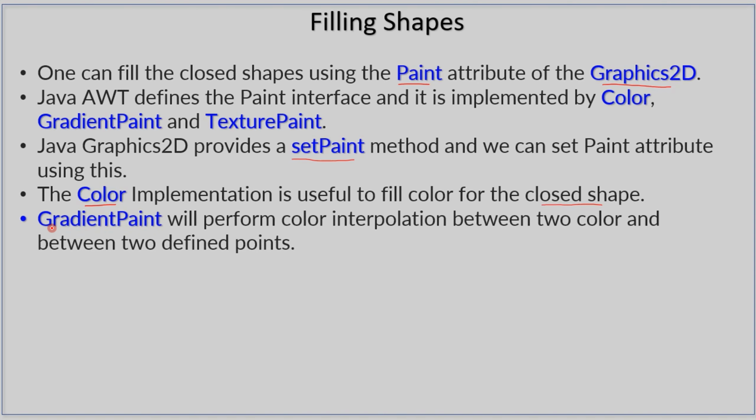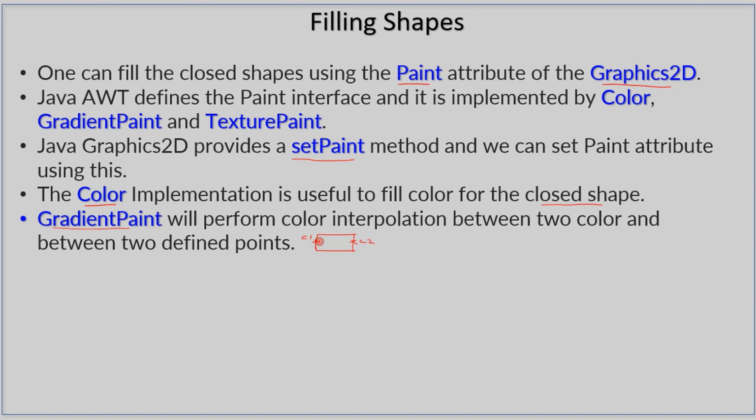Similarly, GradientPaint will perform color interpolation between two colors and between two defined points. Say for example, if you have a rectangle like this, you can pick a point here, then one more point, and here the color is C1 and here the color is C2.